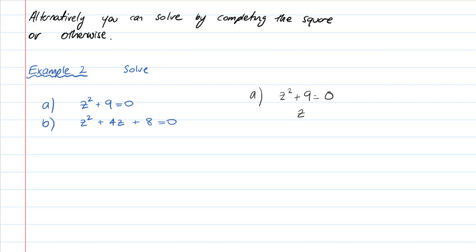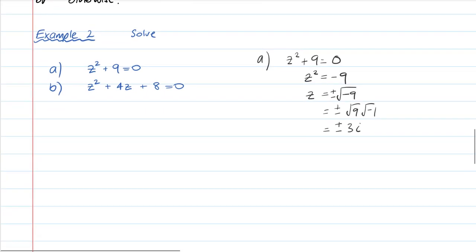I can just write this down as z squared equals negative 9, which means that z is equal to the square root of negative 9, which is equal to, and it's plus or minus by the way, plus or minus the square root of 9 times the square root of negative 1, which is plus or minus 3i. So 3i or negative 3i. That's A. A is pretty easy.